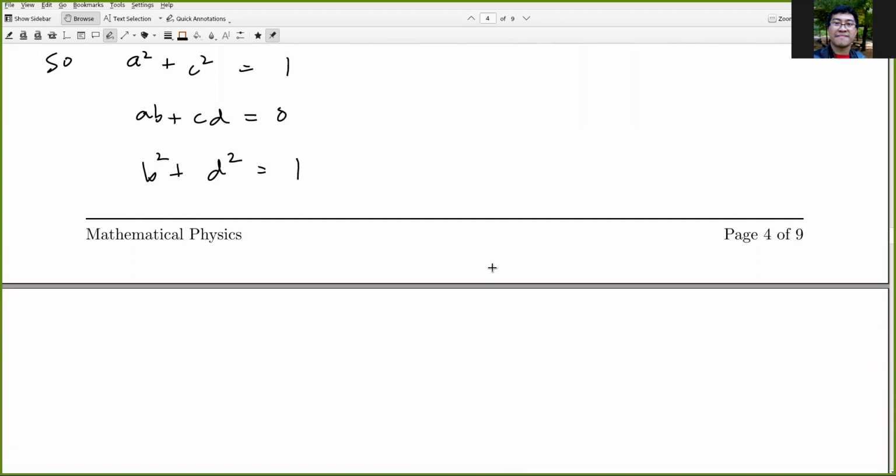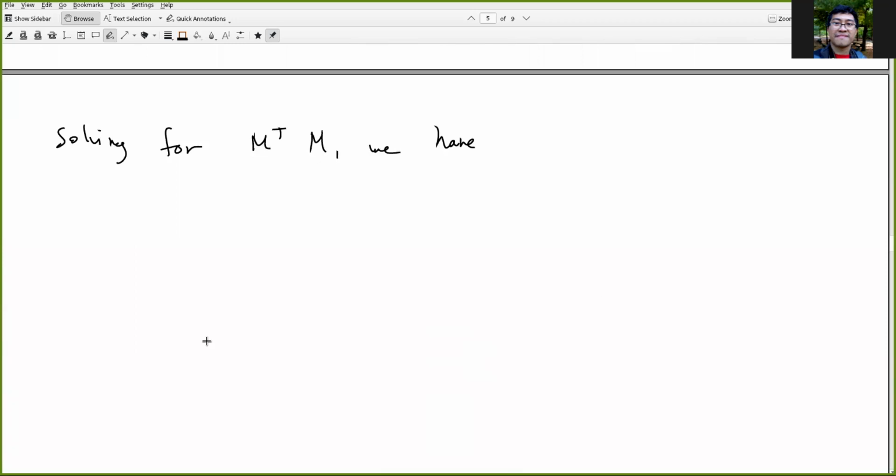So solving for M transpose times M, we have M transpose M equals, so M is a, b, c, d. So the transpose is a, b, c, d.